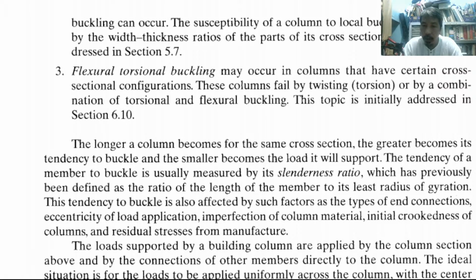We also discussed previously the slenderness ratio, L over r, which comes out from the formula derived for Euler force and Euler stress. So there is a slenderness ratio in Euler stress.